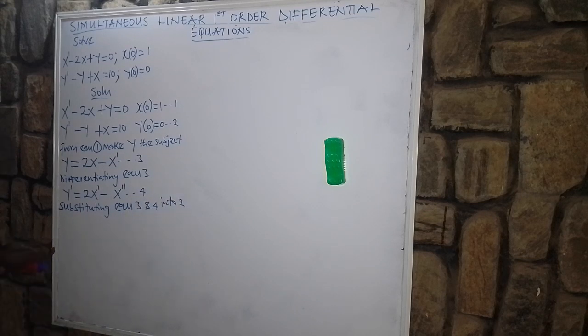So we now write, substituting equations 3 and 4 into equation 2. Anywhere you see y prime, you write 2x prime minus x prime prime.